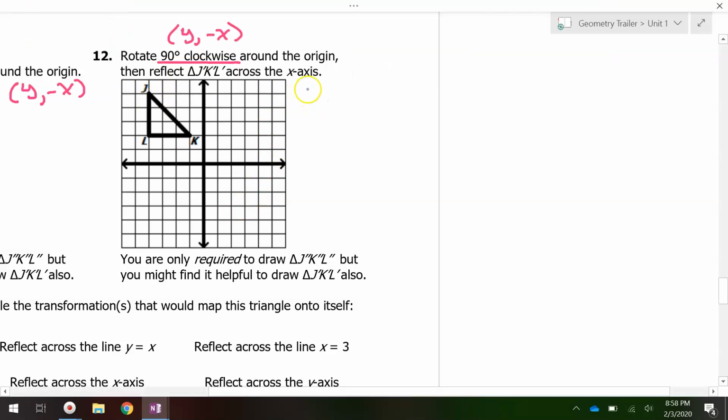For point J, that's -4, 5. And then point K is -1, 2. And then L is -4, 2.